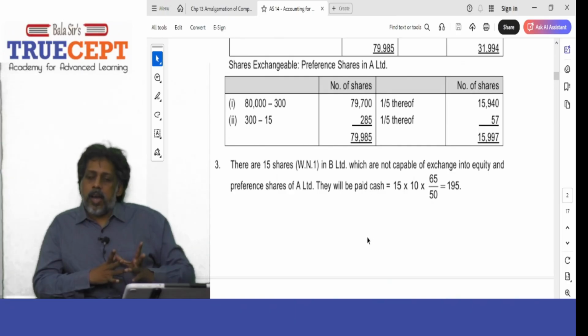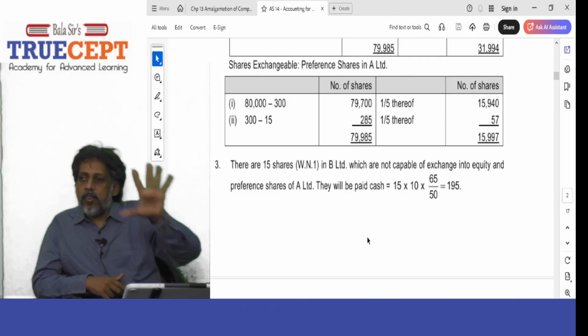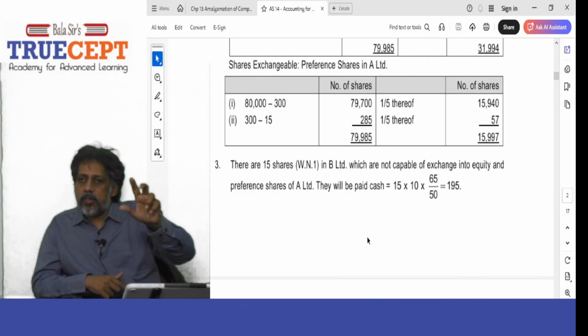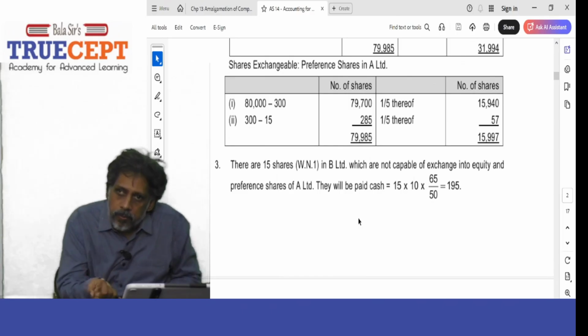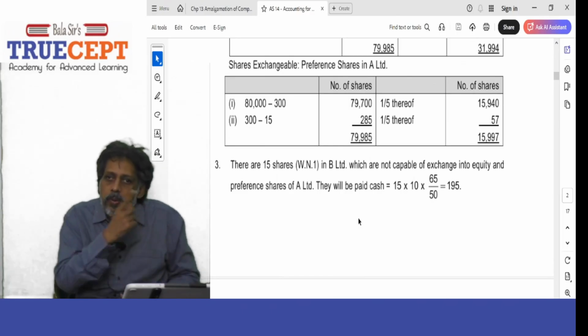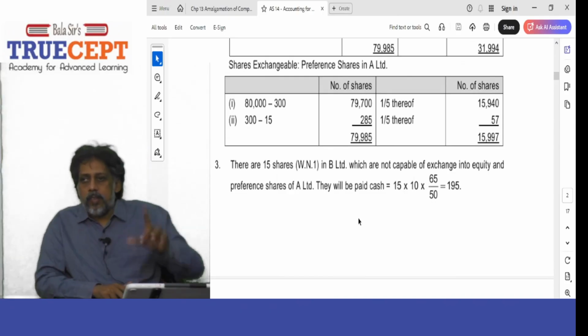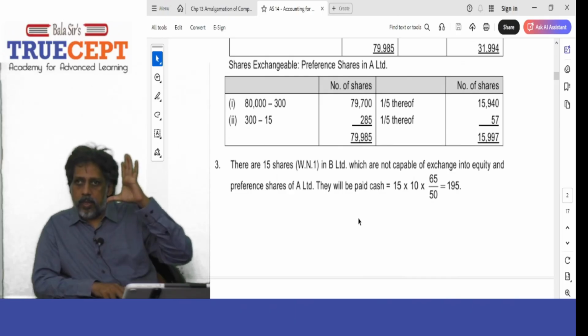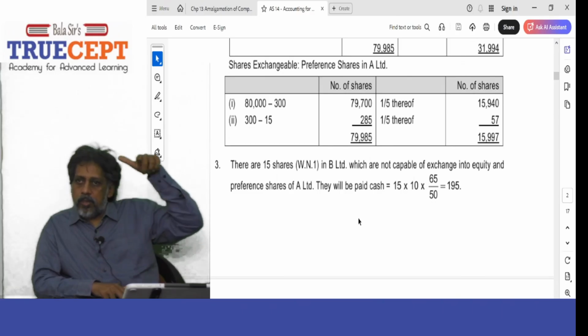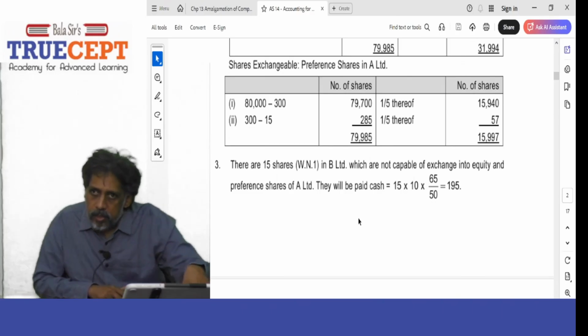What they have done is promise 65 rupees for every 50 rupees paid-up value, that is 5 shares of 10 rupees each. What is it for 150 rupees? Have they shown the working? 65 by 50 into 150 rupees, which is 195 rupees. Sir, can I do this: 65 rupees for every 5 shares, so rupees 13 is the value per share, and 13 per share into 15 shares is 195 rupees?